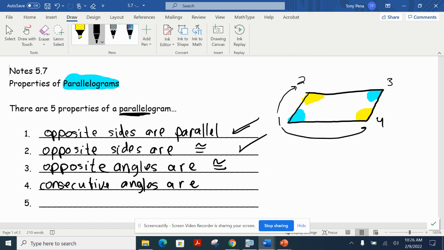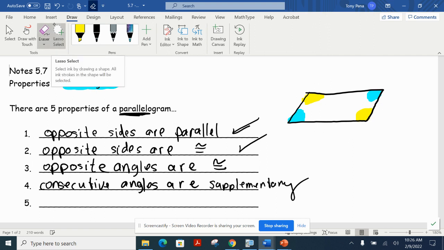Isn't angle 4 also the very next angle, depending on which way we're going, clockwise or counterclockwise? Angle 2 is consecutive to 3 as well. 3 is consecutive to 4. It's just the angles right next to it. All right. Our theorem then is, if we kind of look at consecutive angles are supplementary. You don't necessarily need to mark yours up.